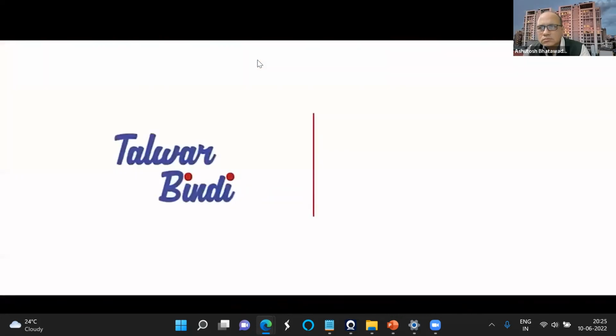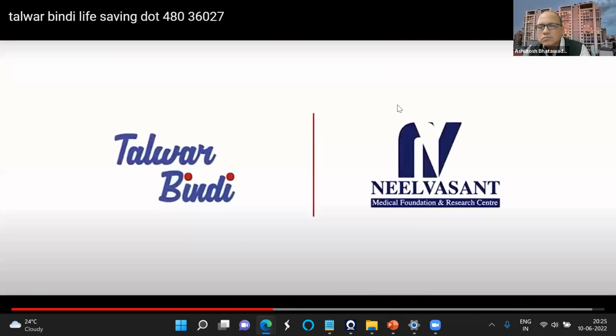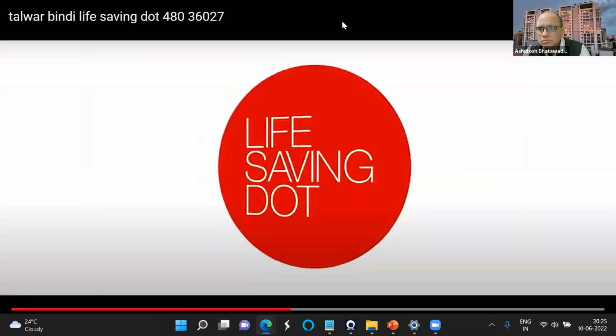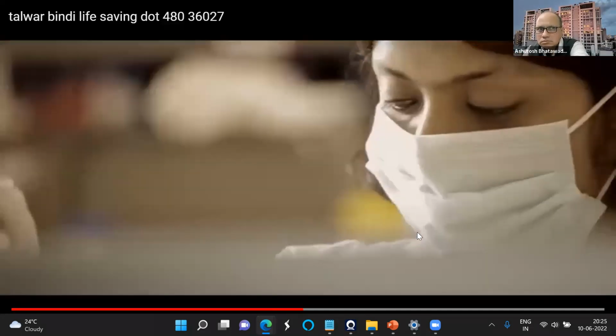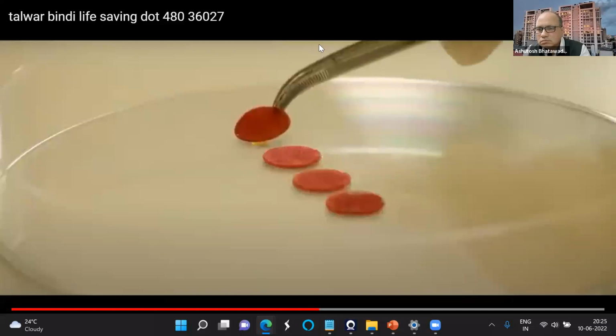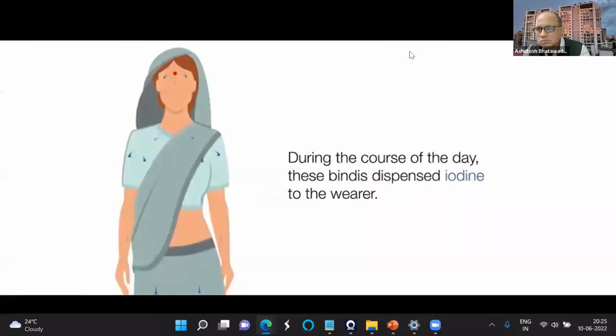Talwar Bindis, in association with Neil Vasant Medical Foundation and Research Center, introduced the life-saving dot, Jeevan Bindi, an idea that transformed bindis into iodine patches. Every woman requires between 50 to 220 micrograms of iodine daily. During the course of the day, these bindis dispense that amount to the wearer.